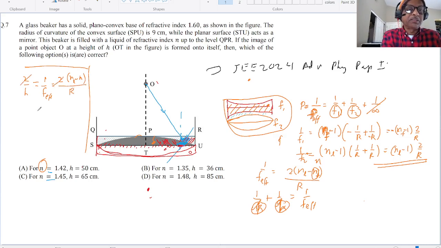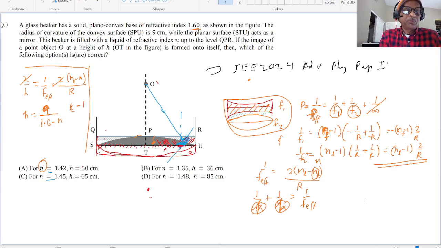So the 2 cancels out, so h is just r over (n_l minus n), where n_l is 1.6, and r is 9 centimeters, all of them in centimeters.